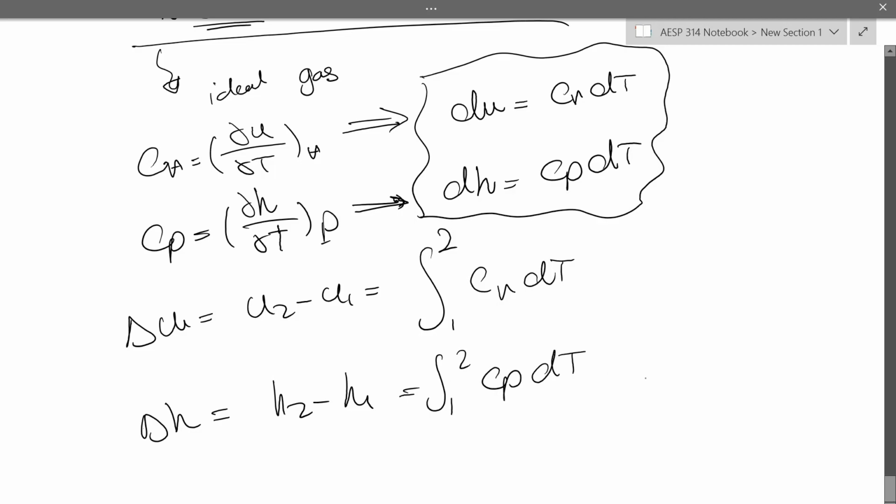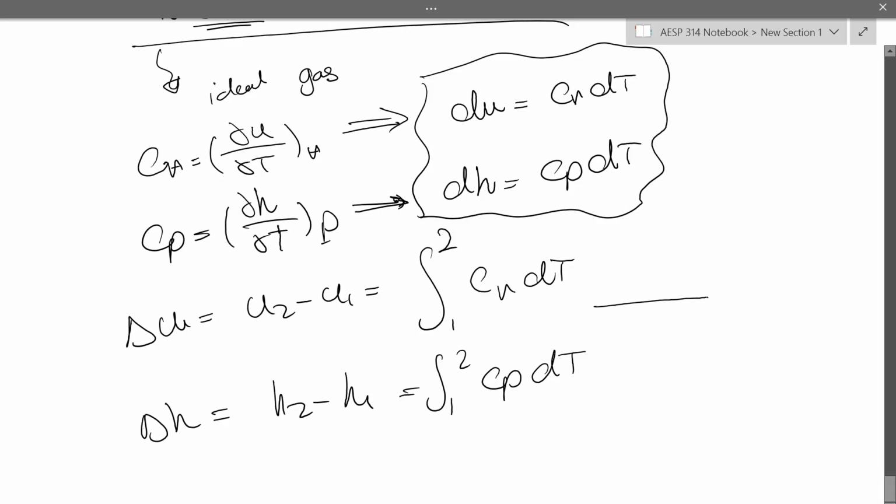Right? What will happen to these equations if we assume Cv and Cp are not a function of temperature, which they are, but if we just make the assumption? What will happen to the integral? It's just the integral of dT, delta T, right?